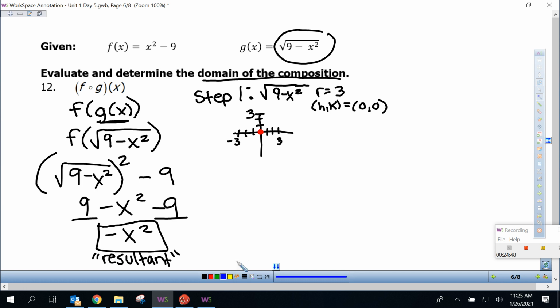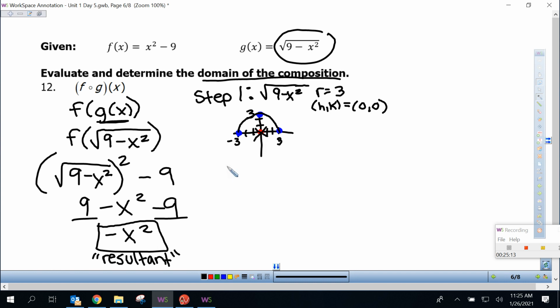How do I know this is the top half? Yeah, that's not a negative number. So if our radius is 3, go left 3, go right 3, and go up 3 from h, k. And there is a rough sketch of our semicircle. And make sure that for semicircles you don't include h, k because that's no longer a function. So there is our function.